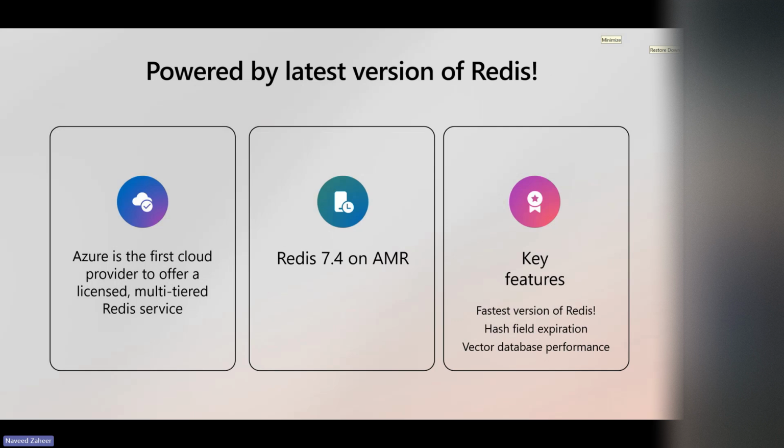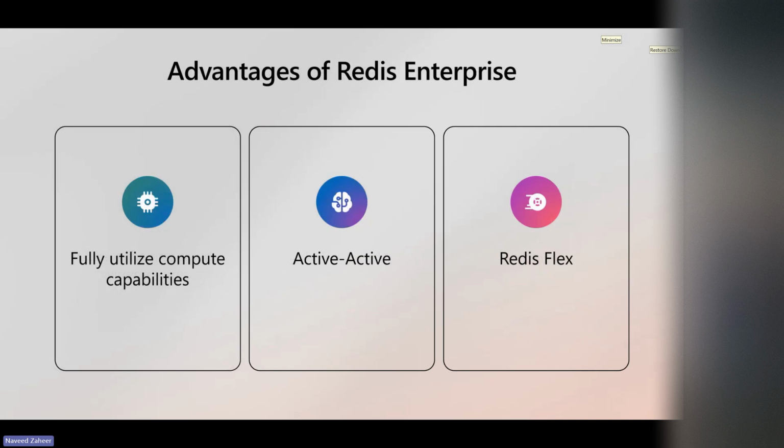So think of it: let's say that you are using Azure Cache for Redis, which is the community version 4.0 or 6.0, whatever you may be using, and you want to move to this one. Since the API support is all there, it will be just changing a connection string. Just change a connection string, and here you go. You can connect because the feature support is all the same. Actually, it has support for some new features.